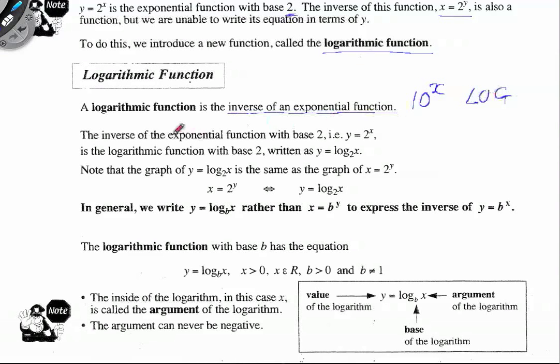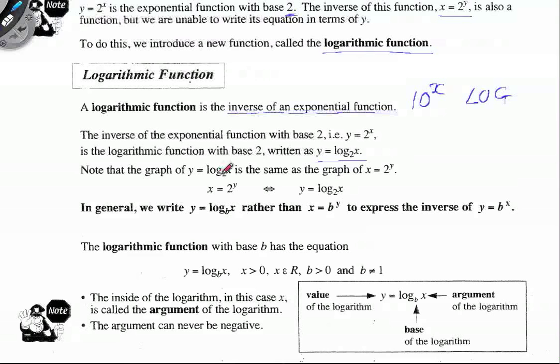Now the inverse of the exponential function with base 2 is the log function with base 2. This here is now what y equals if we use logs. So how this is read is we would say y equals log of x to the base 2.